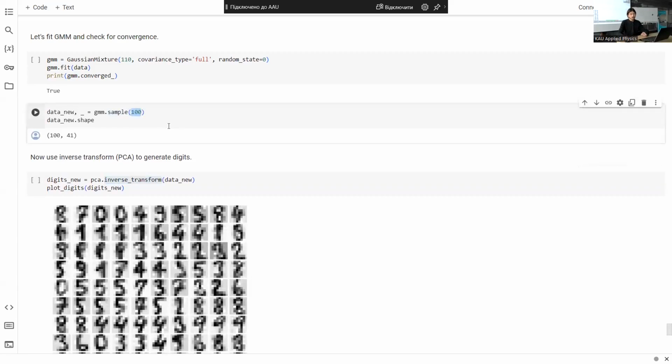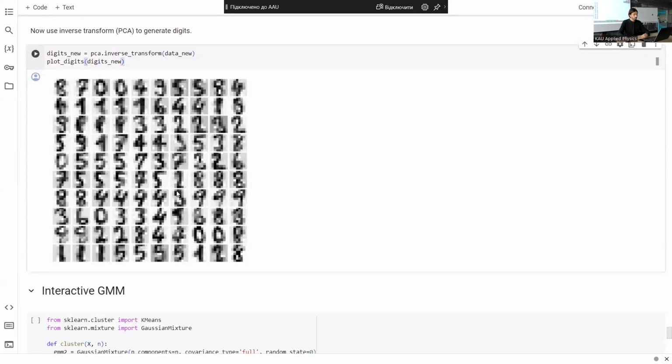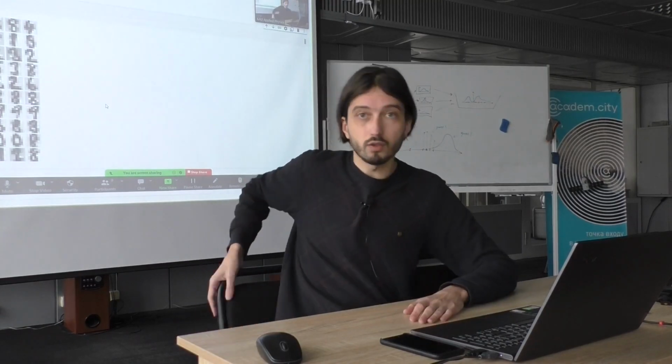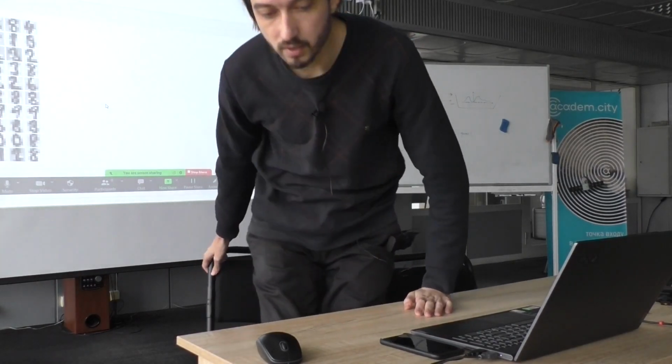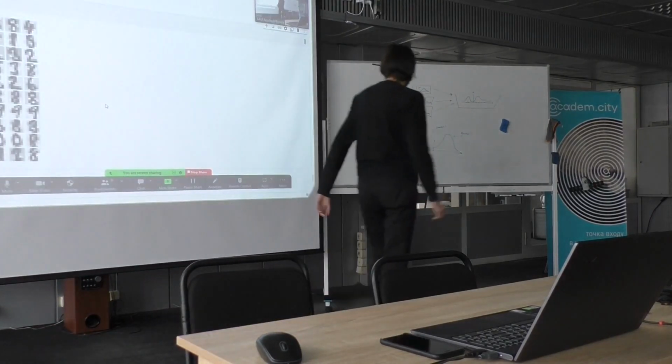Of course, you recall that I removed part of the dimensions with PCA, so now I should perform an inverse transform to return back to the 64-dimensional space, and here I'm trying to plot them. And that's what I have. They look like numbers. So let me draw that on the board. I just want you to feel what happens, so what we are doing to get all these numbers.